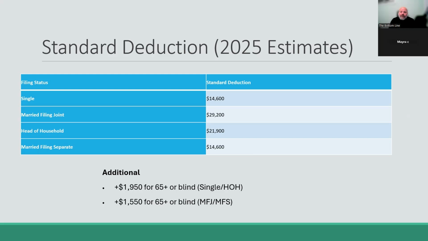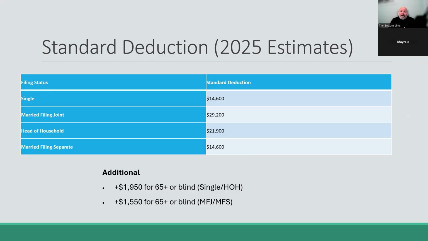So again, the first $14,600 that they earn is deductible. If they only earn 16,000 or 14,600, it would bring their taxable income down to zero.